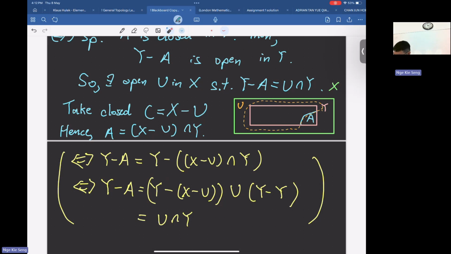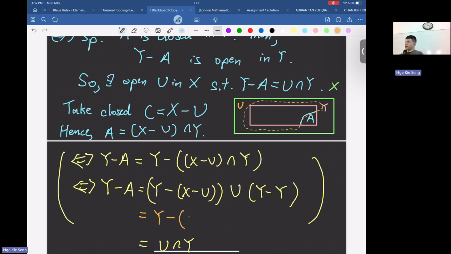So can we use set theory again? Y take away something, take away something. Is there a convenient way to show this? Anyone know? Instead of showing by element. Okay. Well, should I work out something? So this is equals to Y take away. How should we think about complement using intersection?